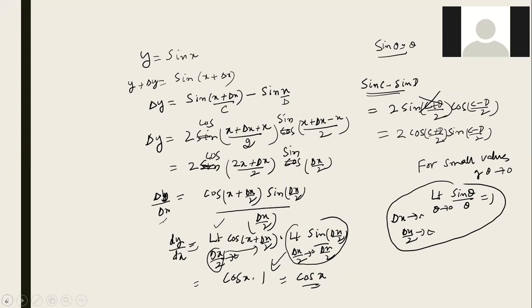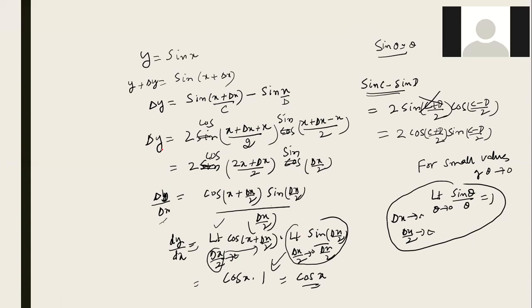Done, sir. Sir, in the denominator is it delta x by 2, na sir? In the denominator delta x by 2. Where? In the last from the second step. Third step, actually, sorry. I told while doing it only.